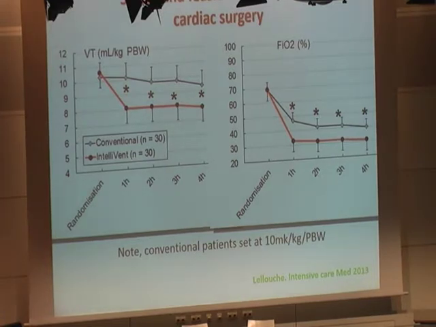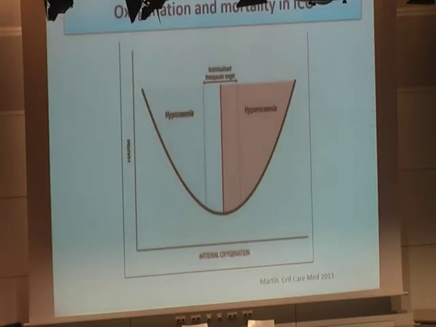We always take time to decrease the FiO2 gradually. And as you know, the relationship between oxygenation and ICU mortality is always a U-curve shape.